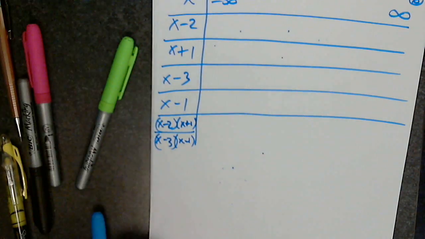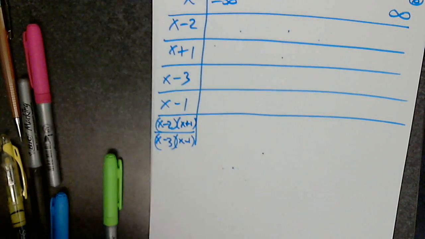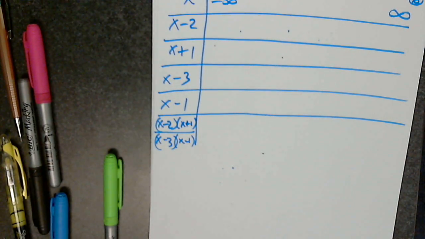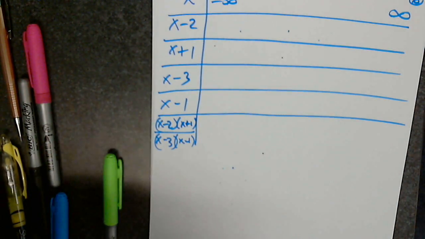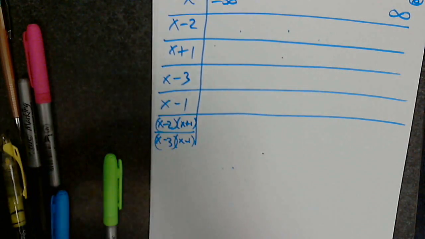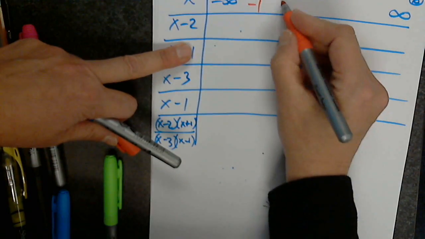Perfect. Now I need to establish the numbers that go in the chart, put the zeros and whatever else we'll see in a minute, and then decide upon the sign. So I'm ready when you are. And they have to be in ascending order. -1 is first, I agree, from here. Perfect. Next one, 1 from here.